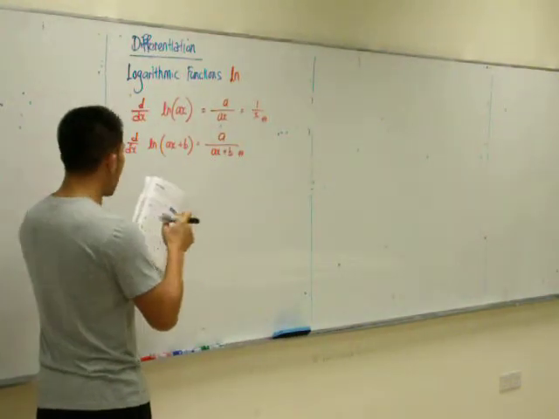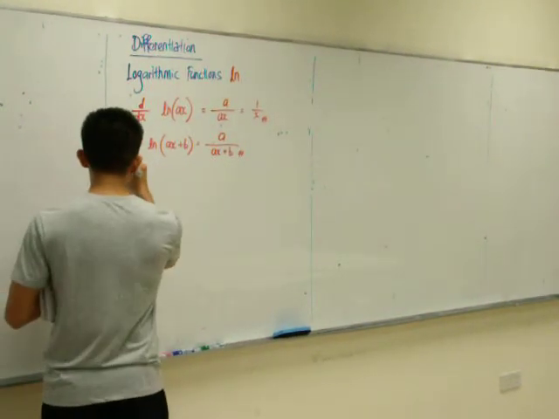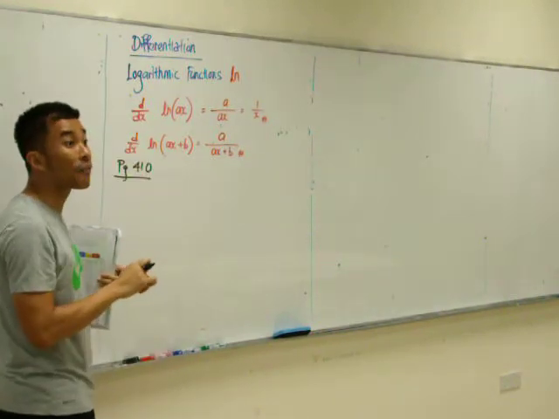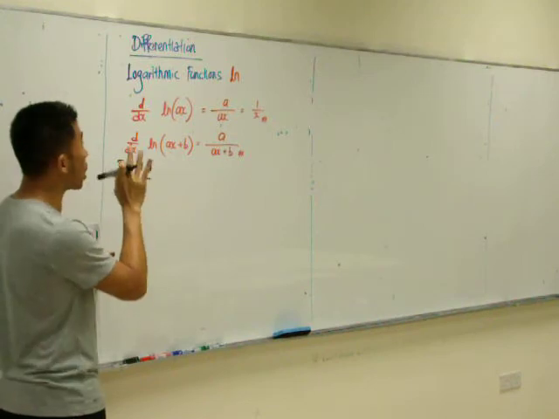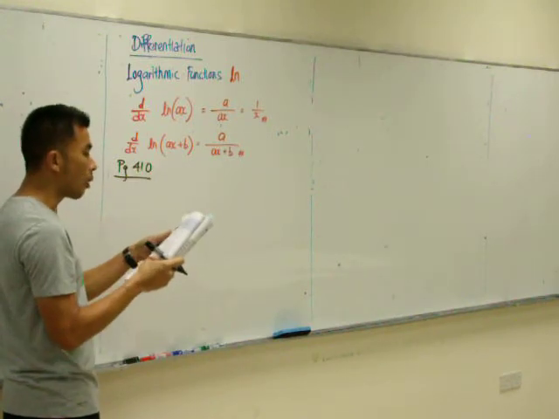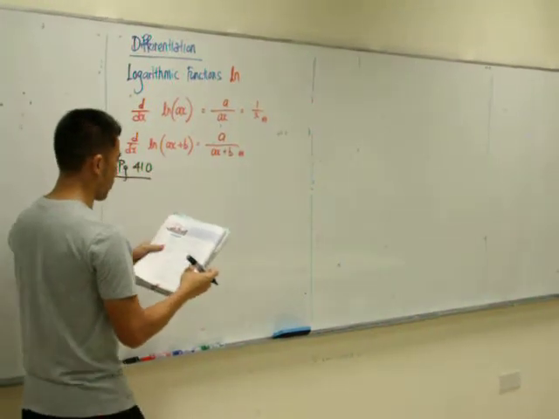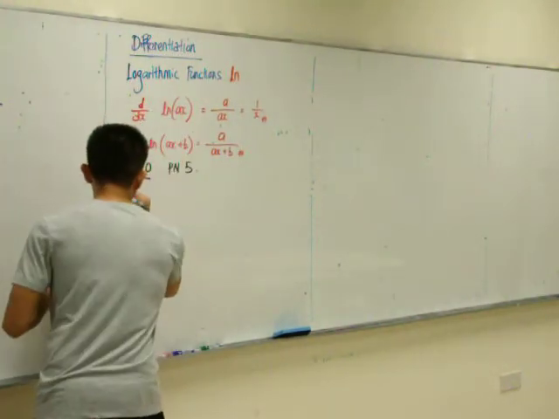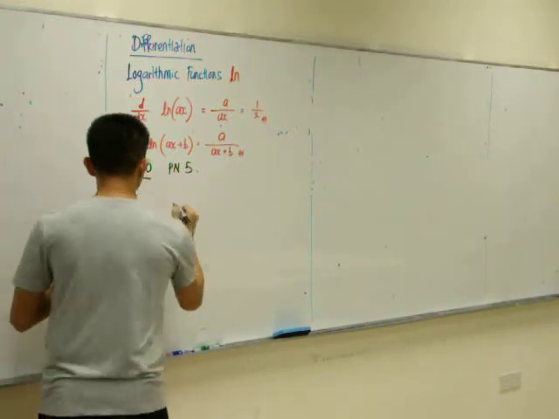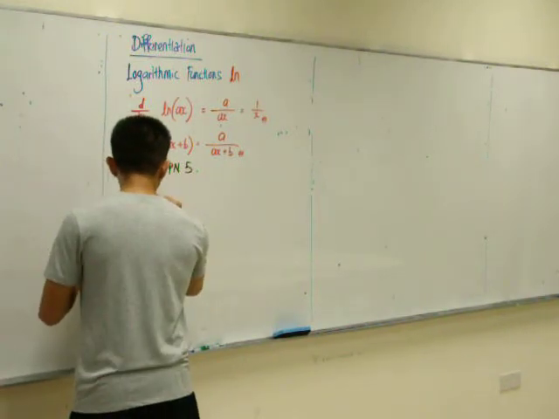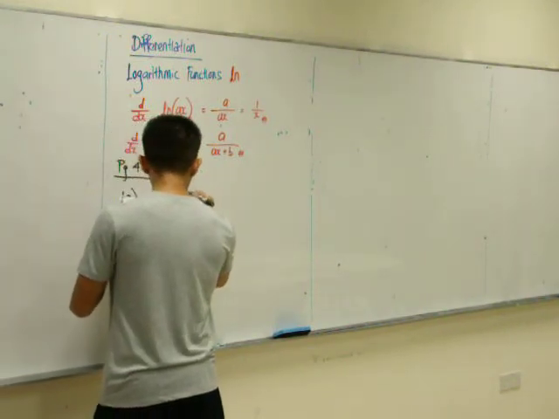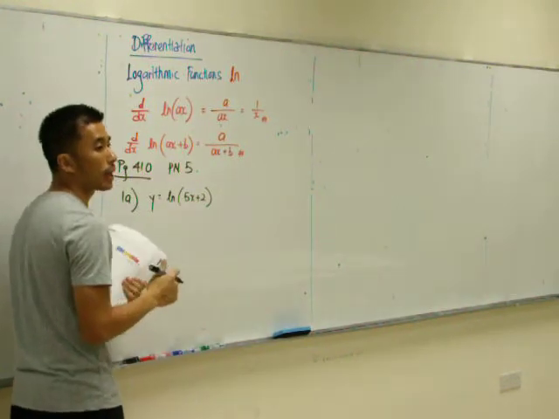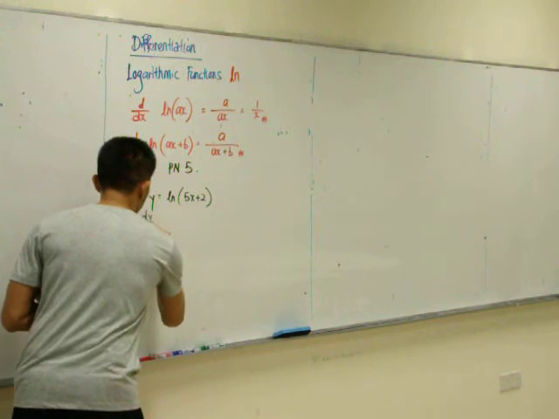Alright? Now, turn to page 410. We are going to go through a series of different kind of differentiation for ln terms. A few of them. Practice now 5. 1A, no brainer. Differentiate the following with respect to x. I believe you can tell me the answer immediately.